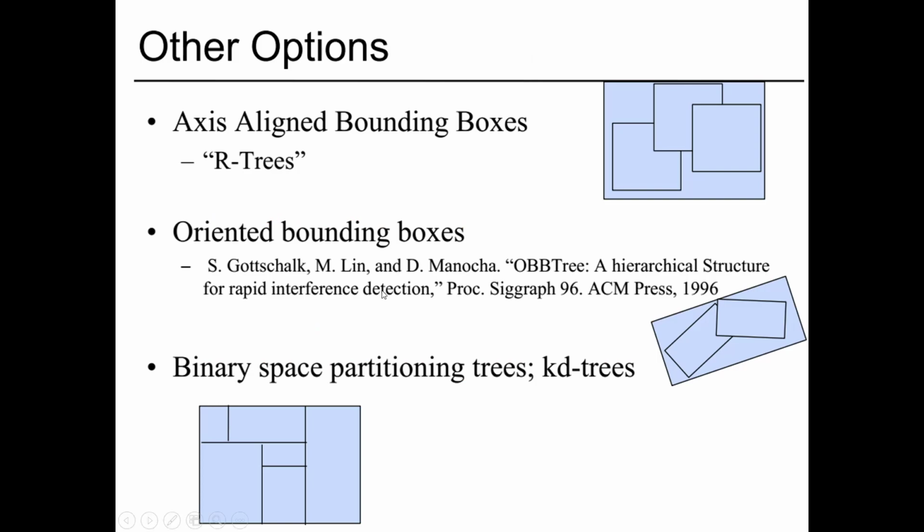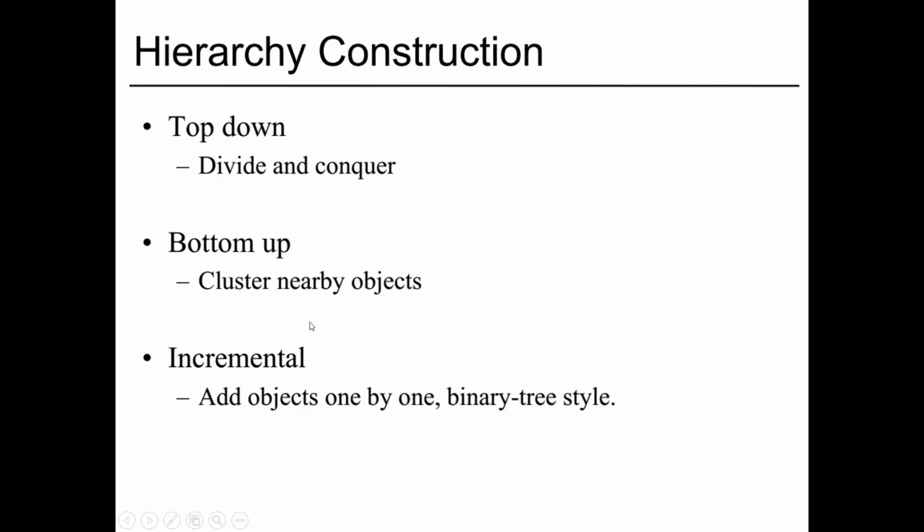Okay, and there are other options other than bounding spheres as the collision boxes, and these would be axis aligned bounding boxes, oriented bounding boxes, and binary space partition trees. These are not exactly part of our discussion, but if anyone is interested, they can look up R trees, OBB trees, and KD trees. Okay, now we move on to hierarchy construction.